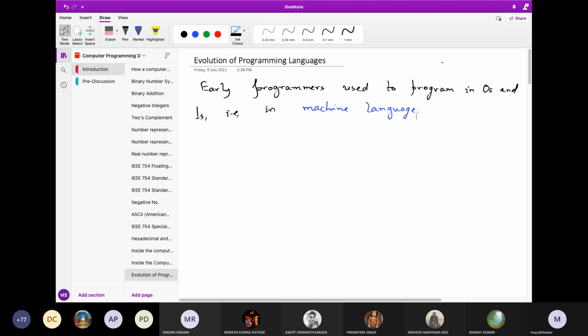In the 1940s or 50s, the programmers were able to put the bits themselves into the RAM slots, right? Which in today's world we obviously cannot even think about. They used to put 0, 1, 1, 0 and so on.